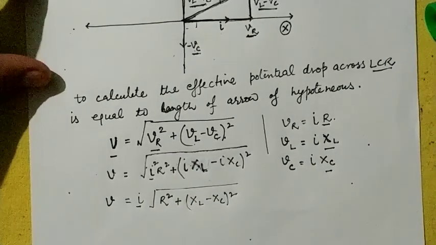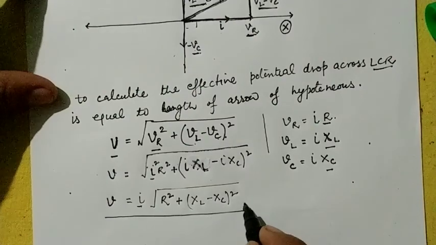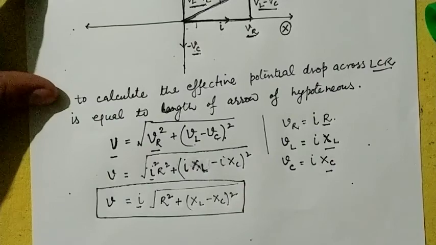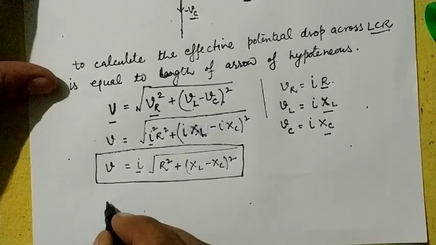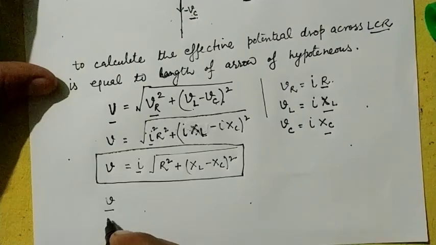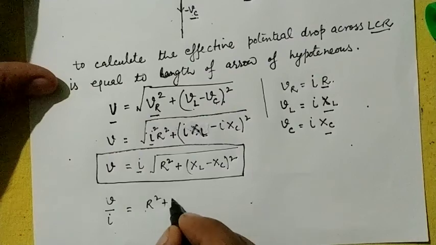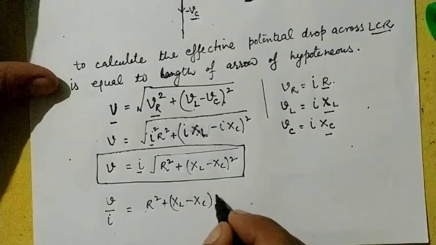So whenever we want to calculate the potential drop, we use this formula. Now further, if you want to discover new things, V divided by I is equal to the square root of R square plus XL minus XC whole square.